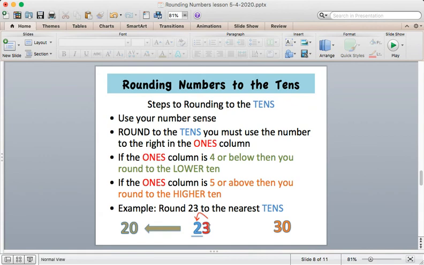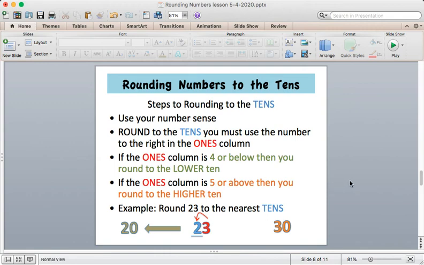If this is 3 and 3 falls in the number line below 4, 4 and below, then you're going to round to the lowest 10, which means that 23 would be rounded to 20. Okay, so 23 is rounded to 20, and that's why my arrow is aiming to 20. So 20 would be the answer to what is rounded to the lowest 10.